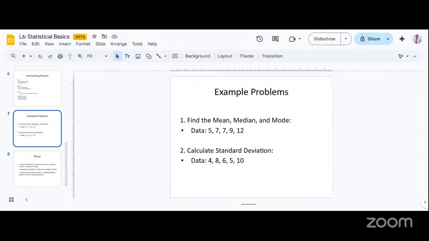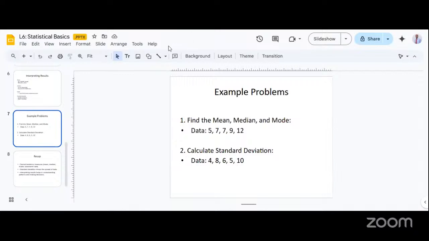The first example problem says find the mean, median, and mode of these values: 5, 7, 7, 9, and 12. The second one says calculate the standard deviation. So based on what we've learned so far and how we've done the other examples, I want you now to instruct me on how to calculate the mean, median, and mode for these values.